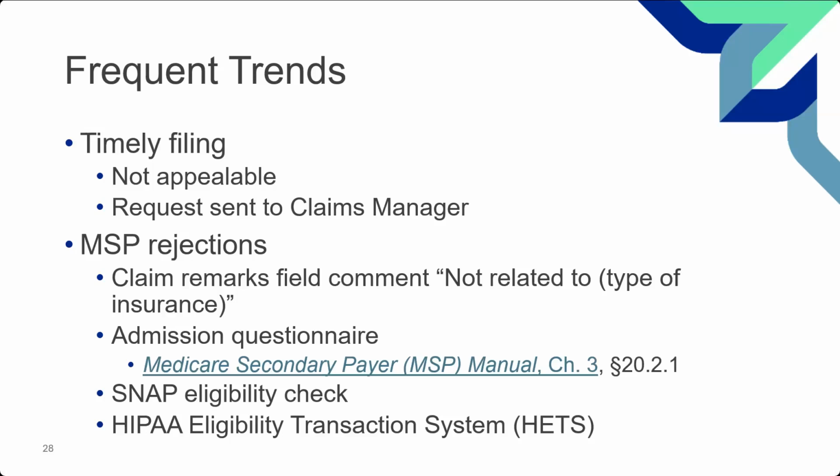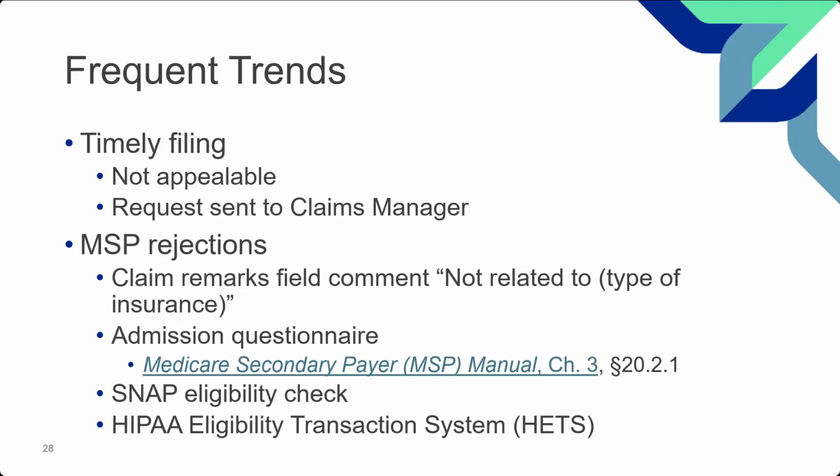In each of these different situations, requests are going to be sent to the claims manager, not the appeals area. There is a list of state-specific addresses, depending on where you're located, and those can be found on our website.